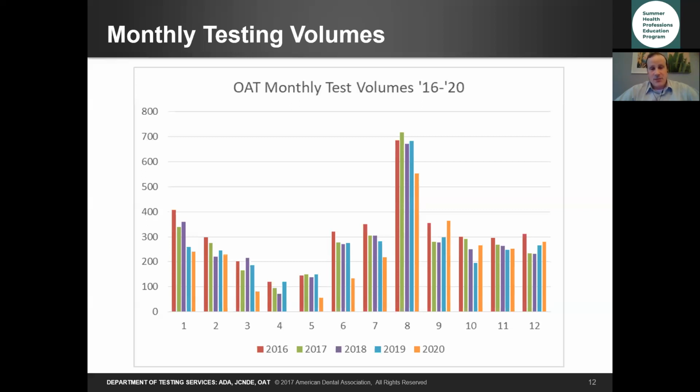So there may be limitations put on testing as we move forward, but currently most states are operating at 100% capacity with a mask mandate. You have to wear a mask into the test center and while you are testing. That mandate has not been dropped at any Prometric centers in the country.